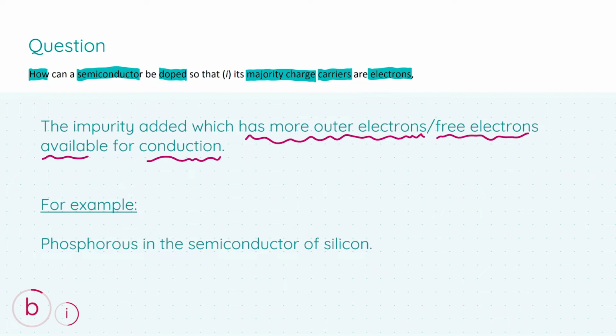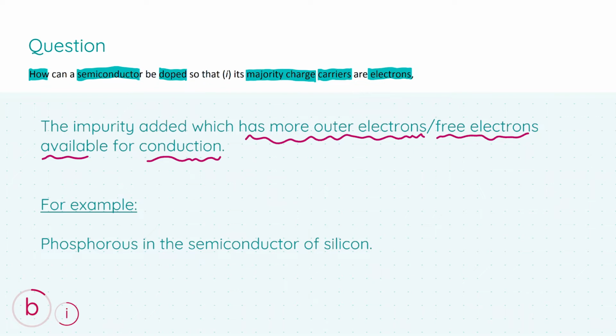Now, phosphorus atoms are roughly the same size as silicon atoms, but they have an extra valence electron. Therefore, when they are covalently bonding with the silicon atoms in the semiconductor material, there's going to be an extra valence electron floating around in the material, and if you add enough of them to the silicon semiconductor material, you are going to get the majority charge carriers as electrons.